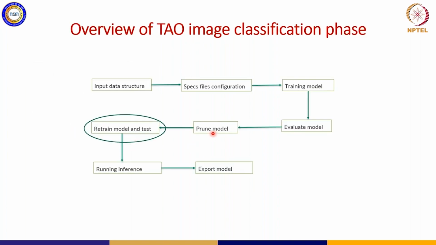So let's proceed. Now, overview of TAO image classification phases. If you want to use NVIDIA TAO for your transfer learning to achieve image classification tasks, the first thing you need to do is to check your input data structure. What I mean by this is your data format, rather. You must have a particular pre-trained model in mind you want to use, let's say, for example, ResNet.